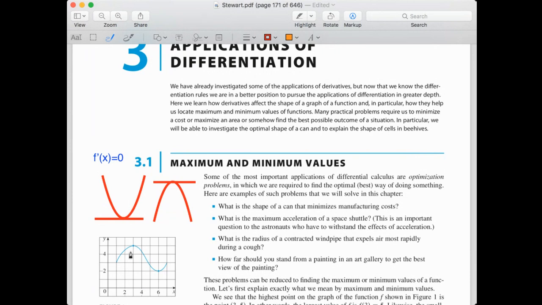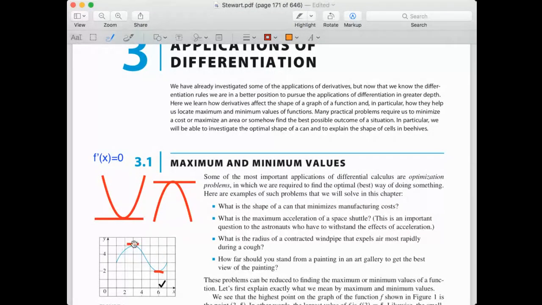For higher polynomial functions, imagine this goes on forever and this goes on forever. We can talk about relative minimum and maximum. In the interval from 1 up to 7, we have this relative maximum and relative minimum, and this is the absolute minimum and this is the absolute maximum. But because this function goes on forever, we talk about relative maximum and relative minimum in the interval.